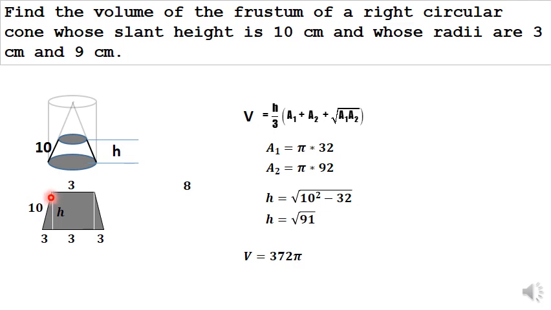The hypotenuse is 10, the base is 3, the height is h. Then we can use the Pythagorean formula to compute h. 10 squared, the hypotenuse, minus one of the sides, 3 squared. Then we have the height equal to the square root of 91. Substituting everything into our formula, we get 372 pi as our volume.